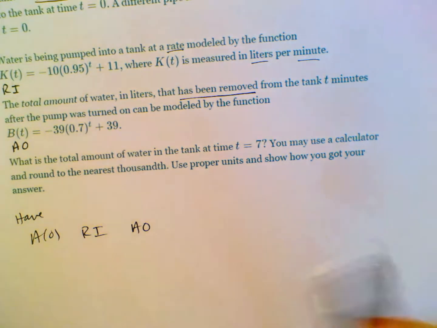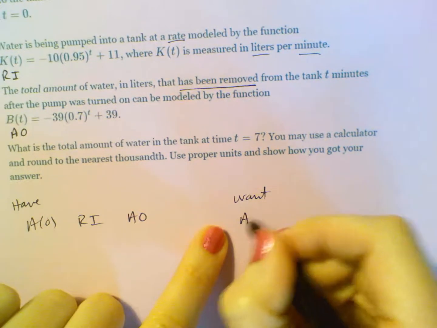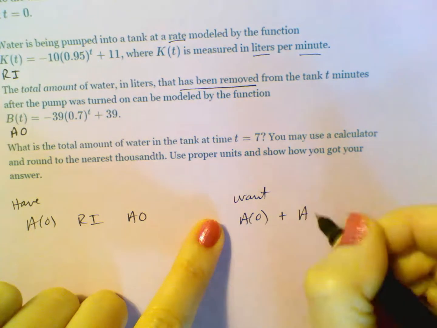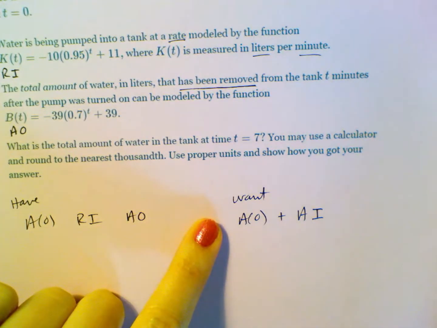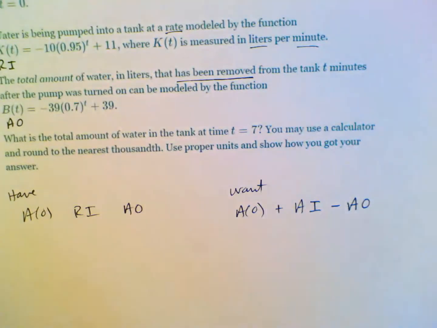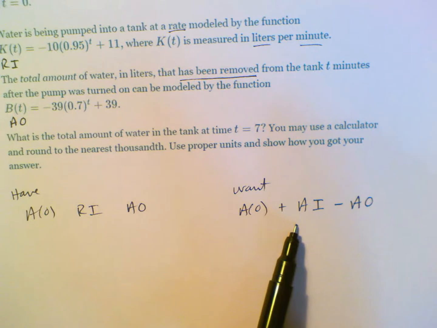So what I want is to take the initial amount, add to it the amount that has gone in, and then subtract from it the amount that has gone out. Okay, so this is what I want. This is the stuff that I have. This is what I want.